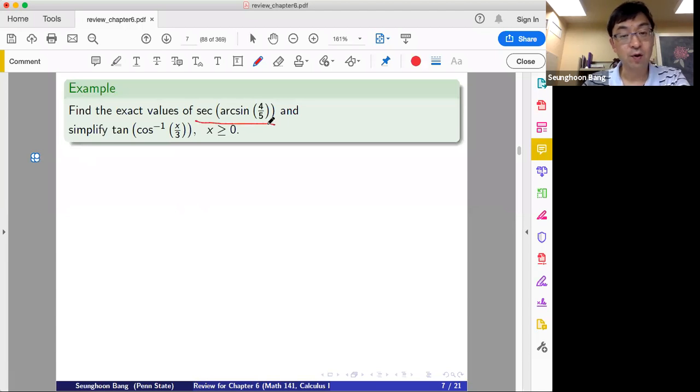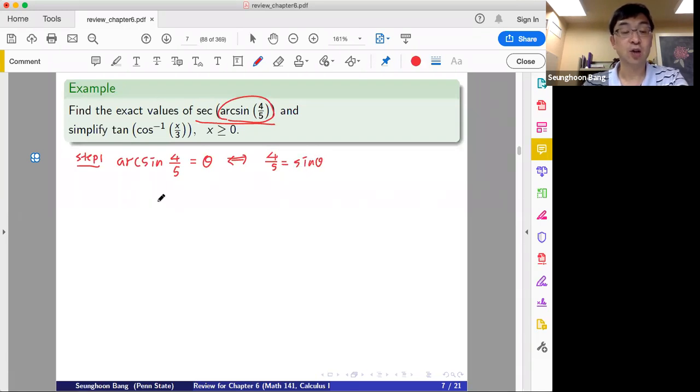For the first problem, step 1: you can write arcsine of 4 over 5. We don't know this angle, right? Call it angle theta. Next, you can use the definition of arcsine. The definition is 4 over 5 equals sine theta.